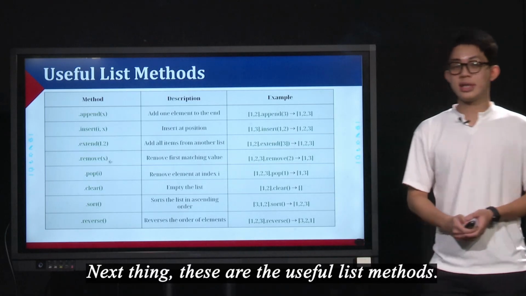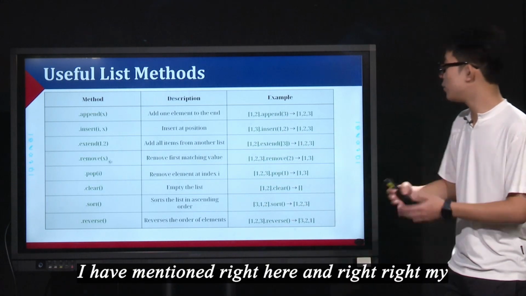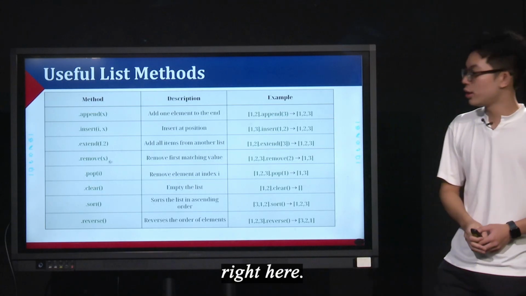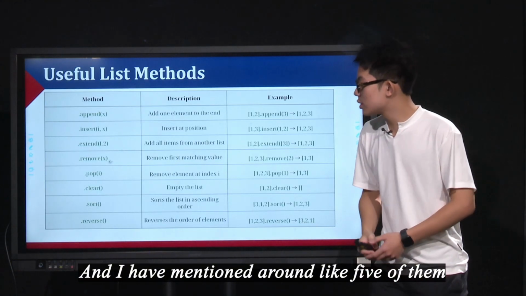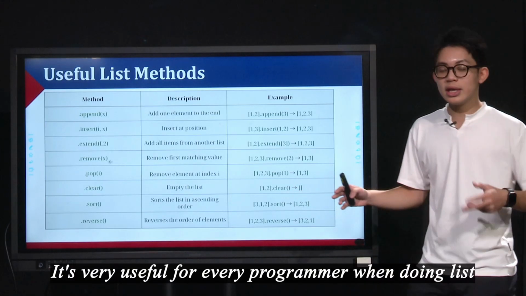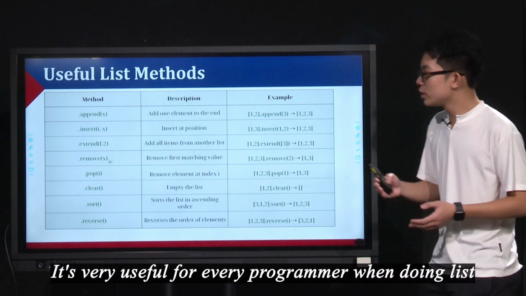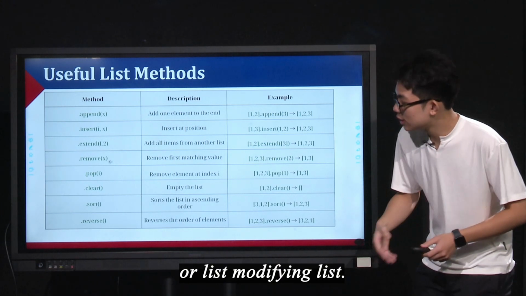Next, these are the useful list methods I have mentioned, and on my right-hand side is the example. I have mentioned around five of them, and here are just a few more, which are very useful for every programmer when working with or modifying lists.